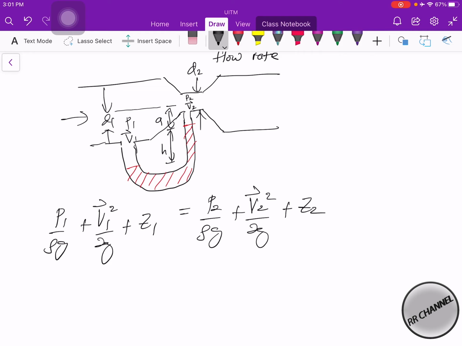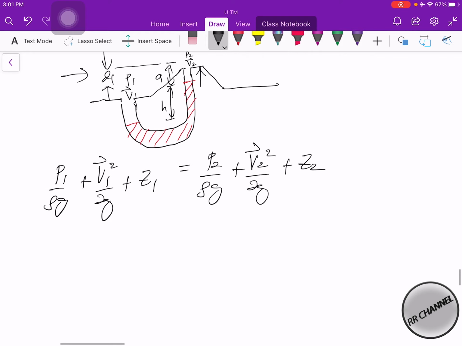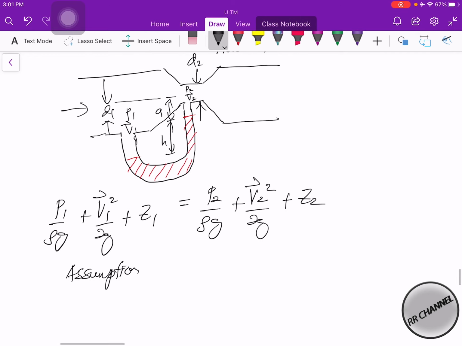We need to put in some assumptions. Because this flow occurs inside a device, an internal flow, the pressure at the inlet and outlet cannot be neglected, and neither can the velocity.